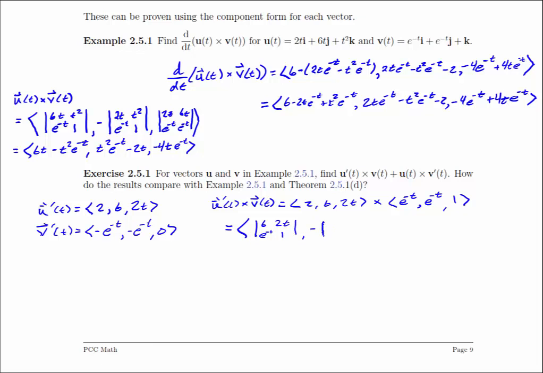Then a negative determinant in the middle, where we ignore the middle, so we have 2, 2t, e to the negative t, and 1. And for our last component, we ignore the last components, and we use a determinant of the first two components. So 2, 6, e to the negative t, e to the negative t.